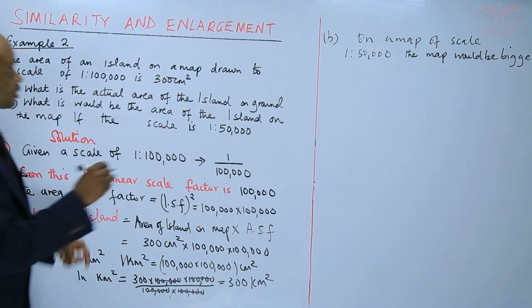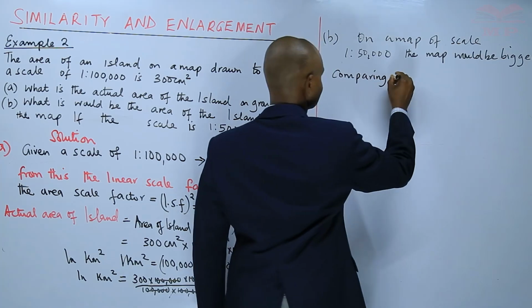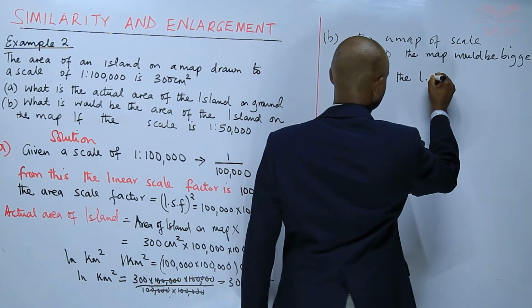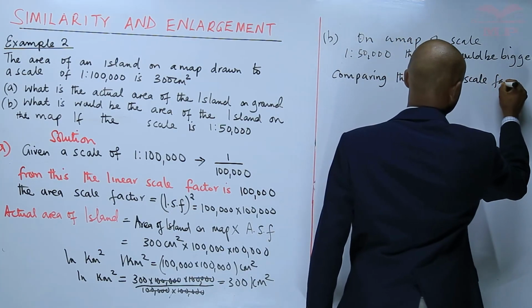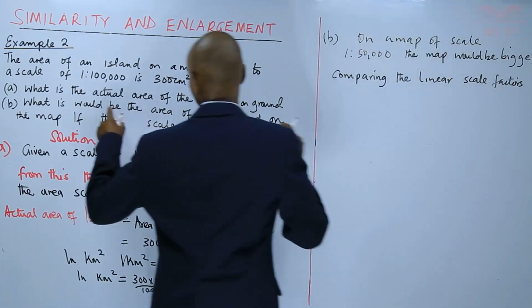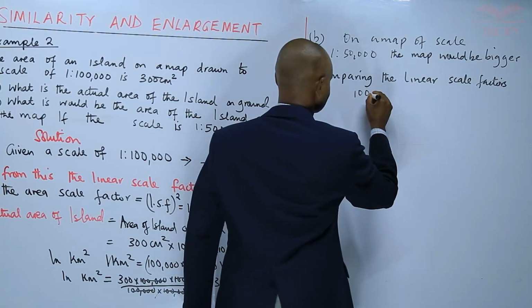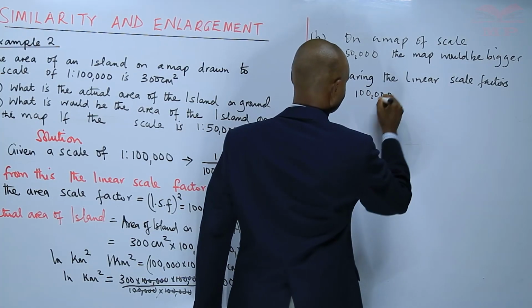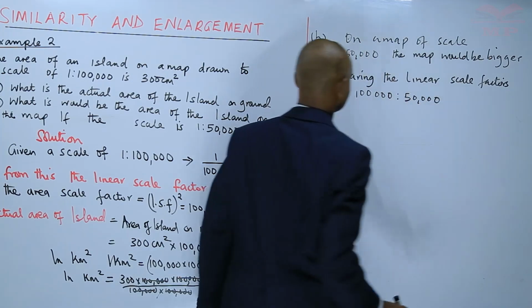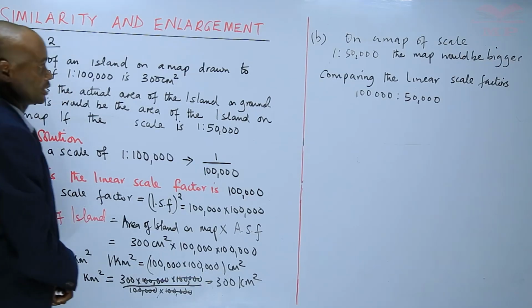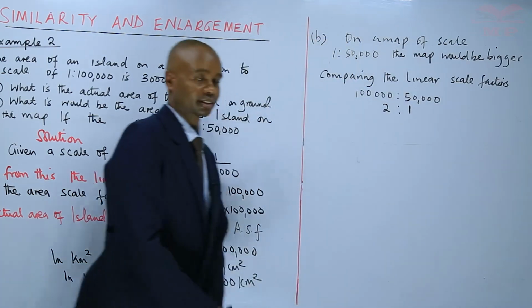So we shall compare linear scale factors. You compare the first map and the other one. So it will be 100,000 to 50,000, which is 2 to 1.